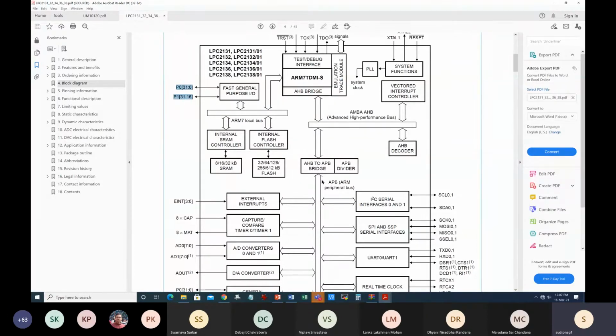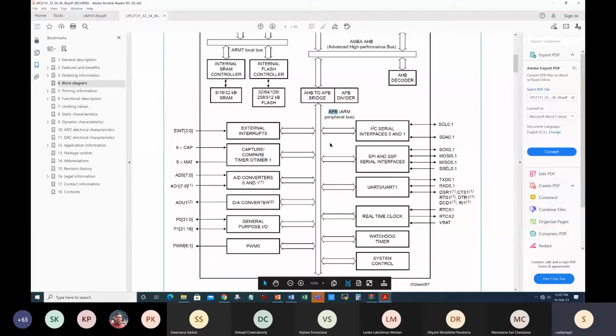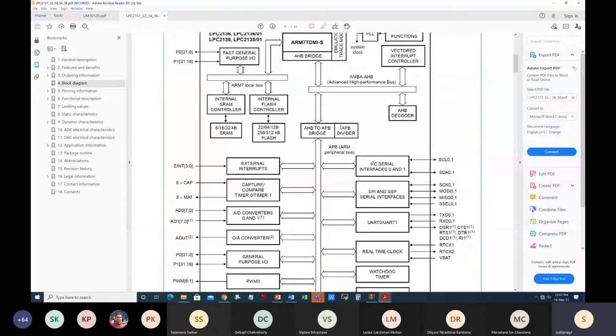We'll just adopt the APB side, because if you learn the APB side, then you can use almost any other peripherals which are also connected to the ARM peripheral bus. Remember, the APB bus is slightly slower than the ARM7 bus. That is one reason why APB is connected to so many peripherals, because while connecting to so many peripherals, it takes a certain amount of time.